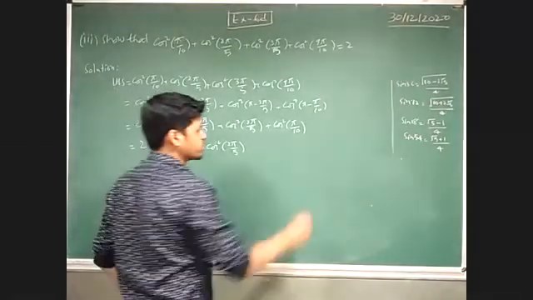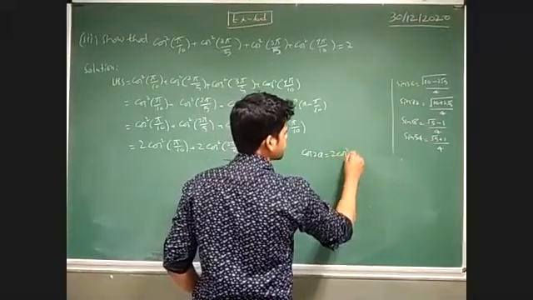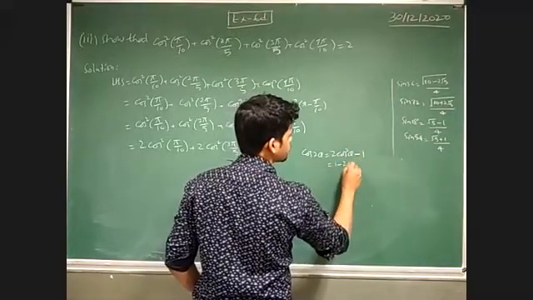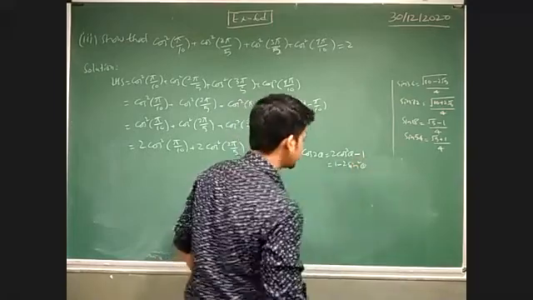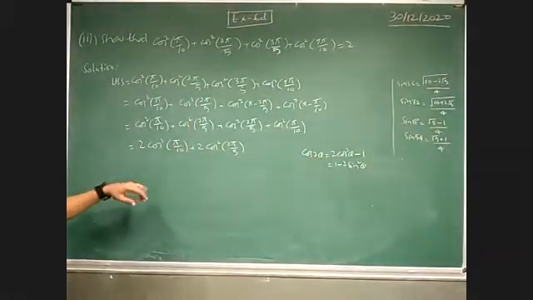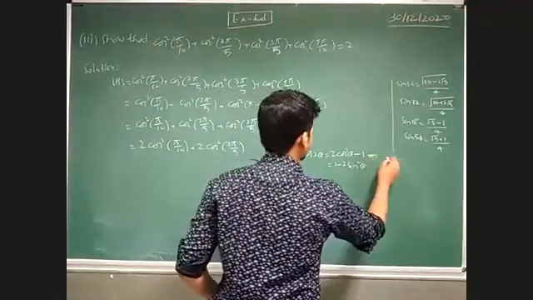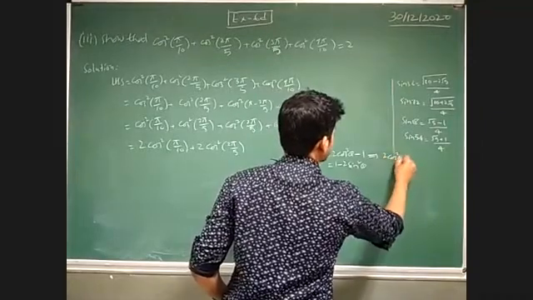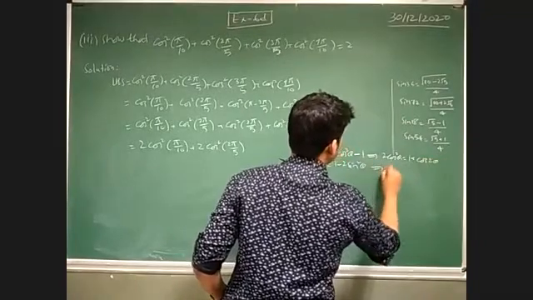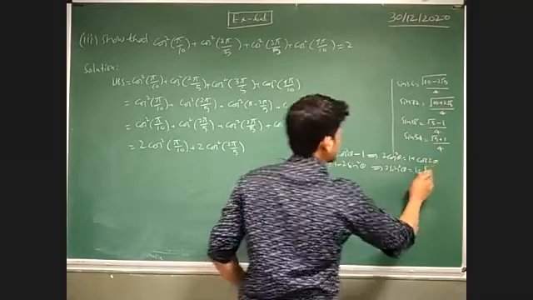Now we know, boys, one formula: cos 2 theta is equal to 2 cos square theta minus 1, and 1 minus 2 sin square theta. We know these two formulas of cos 2 theta. So can I use this formula? 2 cos square theta is nothing but 1 plus cos 2 theta, and 2 sin square theta is nothing but 1 minus cos 2 theta.